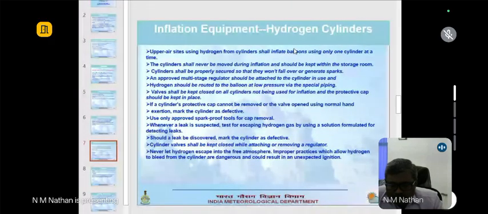So if you observe that the balloon is filled and some leakage is there, then without attaching any load or radiosonde on it, just release it into the atmosphere. That is the best way to take a precaution, right?